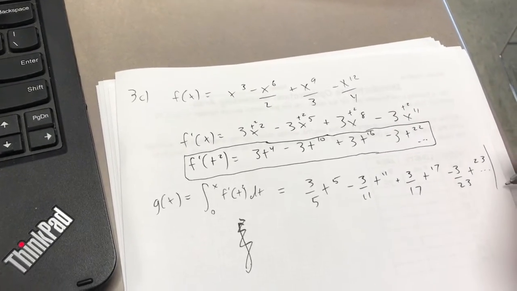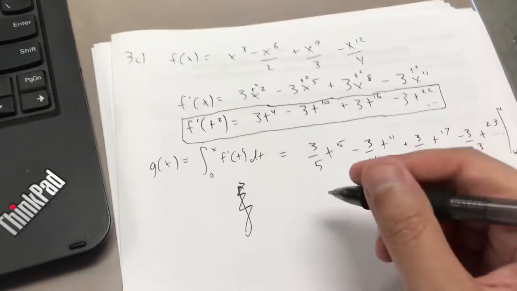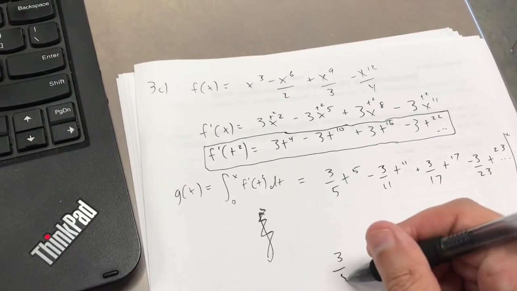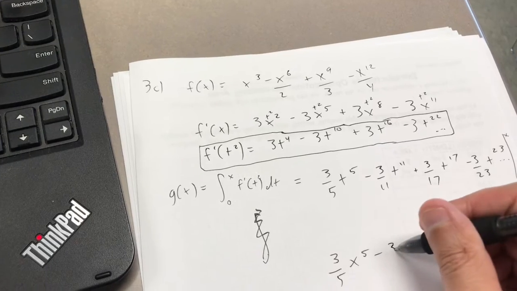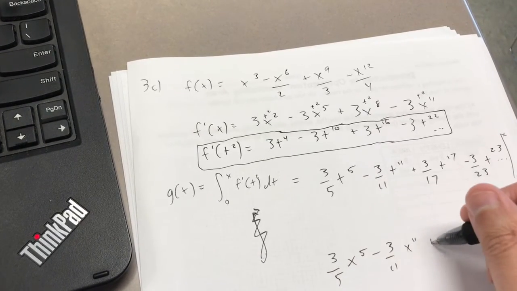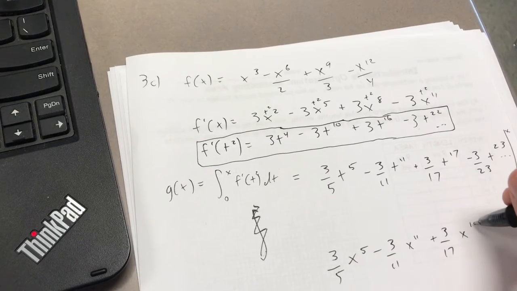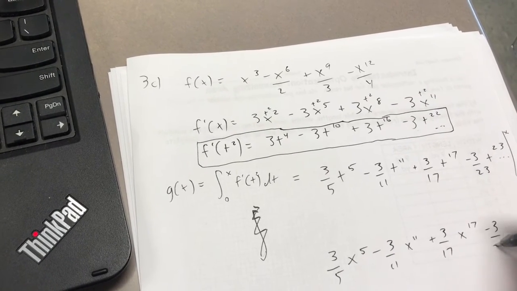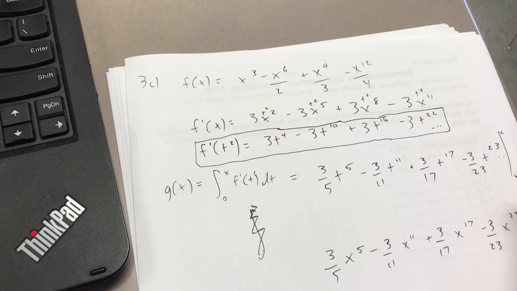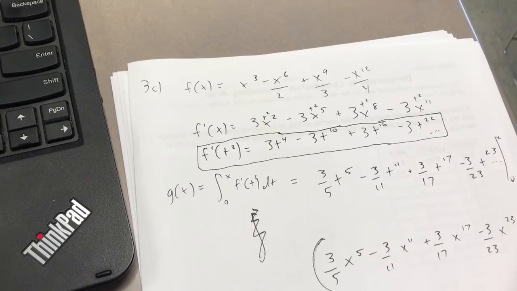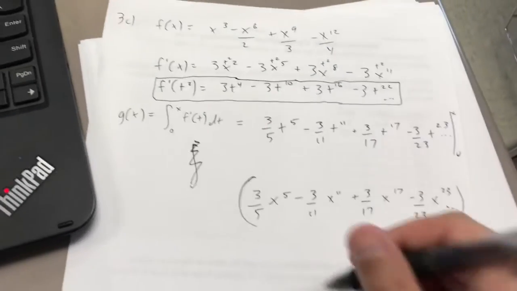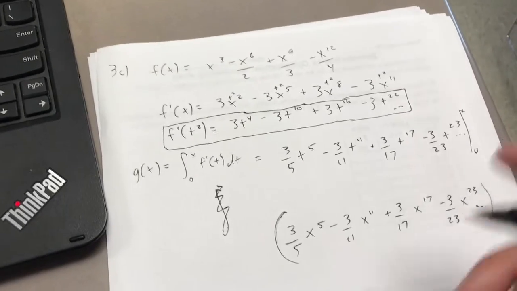We're going to evaluate it between 0 and x. So if we substitute x in here, we've got 3/5 x to the 5th minus 3/11 x to the 11th plus 3/17 x to the 17th minus 3/23 x to the 23rd. And again, that continues on infinitely. It's the fundamental theorem, right?